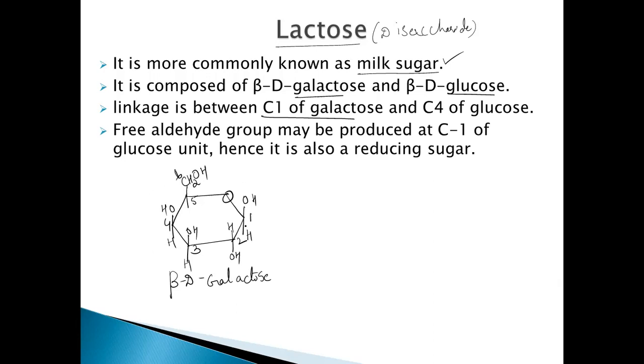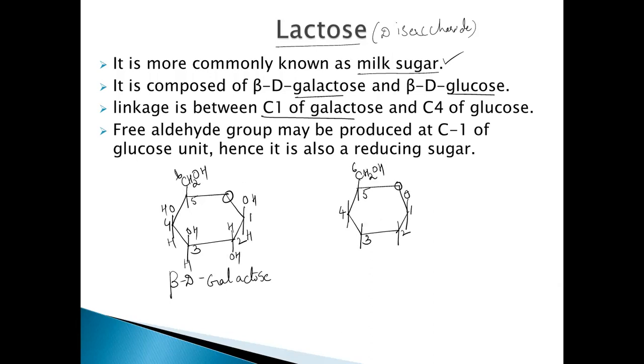Similar to beta D glucose, the only thing is to change the configuration at the 4th carbon atom, writing OH on the top and H. So now writing glucose. Oxygen here, and these are the carbons. Number them 1, 2, 3, 4, 5, and the 6th carbon atom.